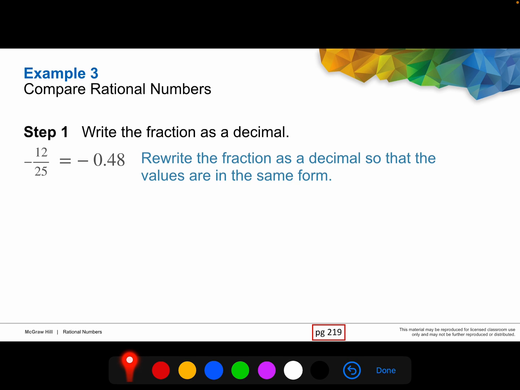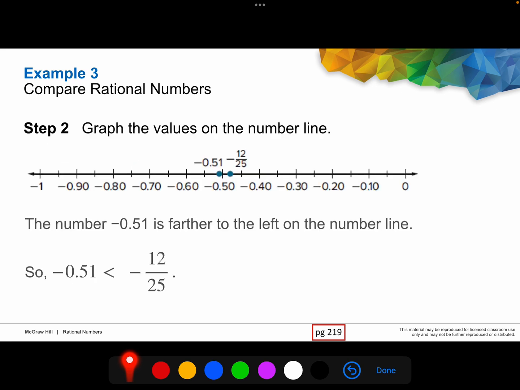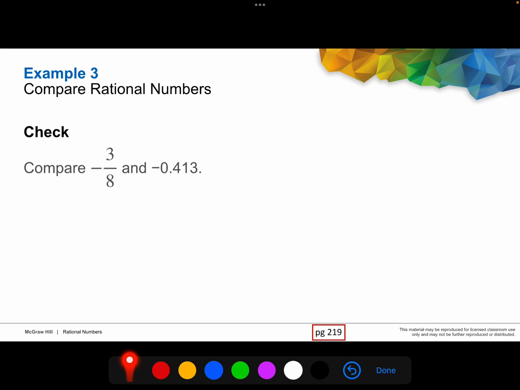And that's nothing but negative 0.48. If we were to graph it on the number line, we have negative 0.51, we have negative 0.48. You can see that negative 0.48 is to the right. The number negative 0.51 is farther to the left. Therefore, negative 0.51 is less than negative 12/25. All right, do the check problem on your own.